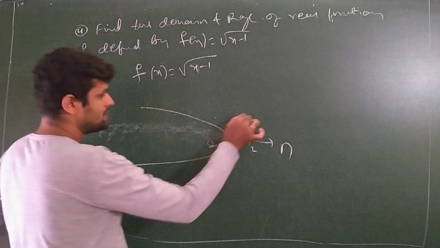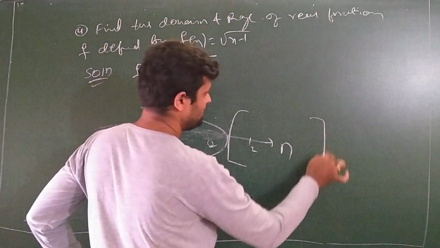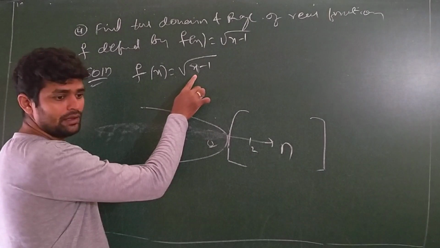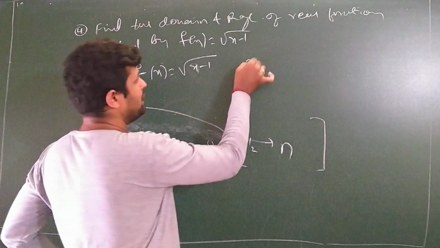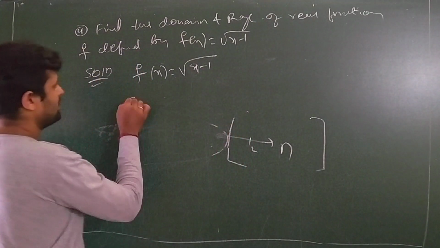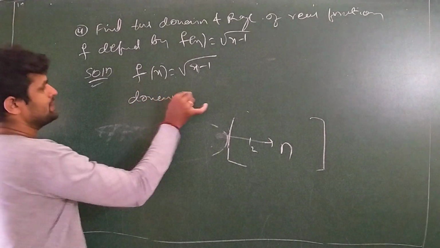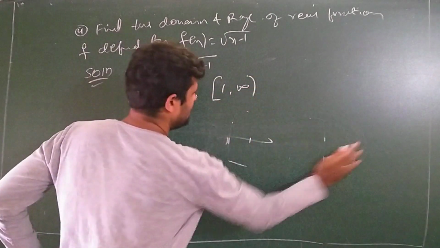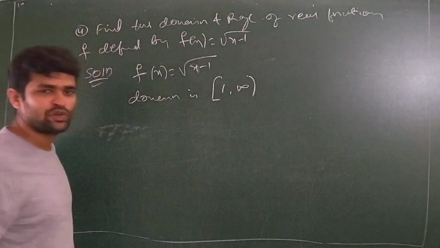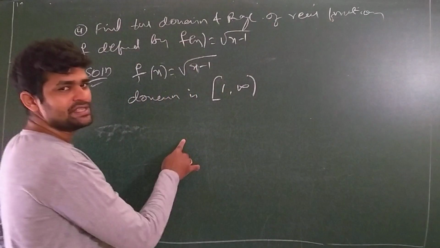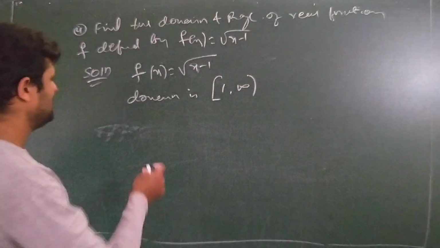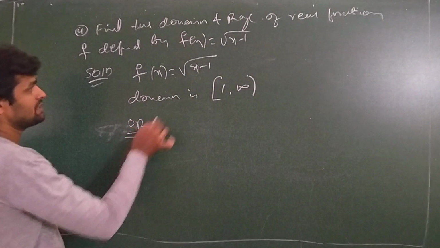Whatever is possible is this, including 1. So what is my domain here? Domain is 1 comma infinity. Is it okay, guys? This is the idea of understanding.